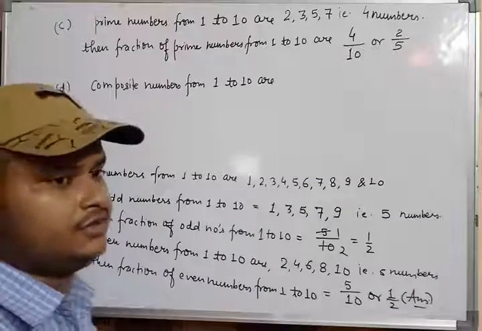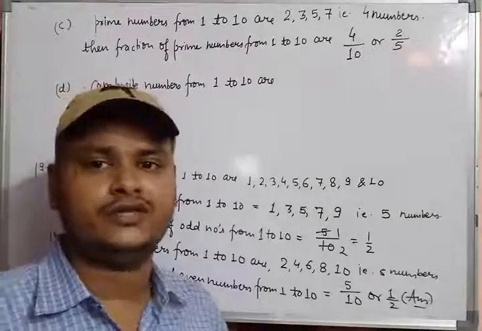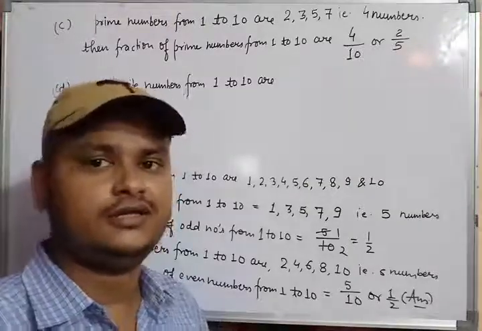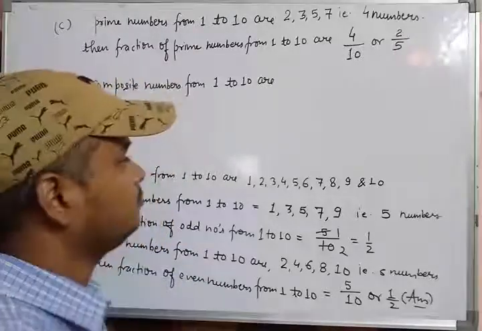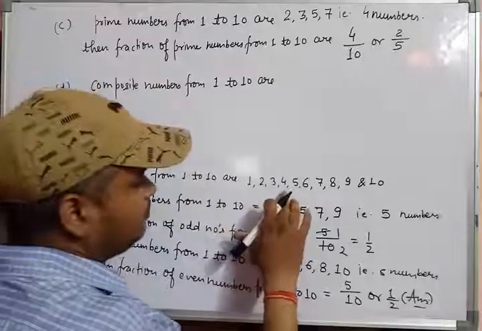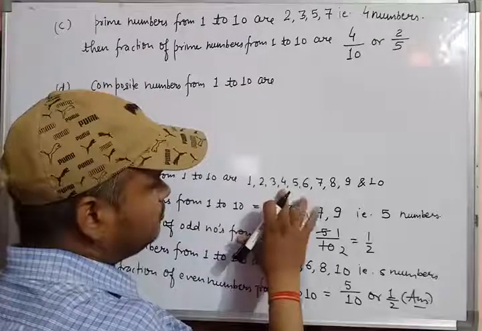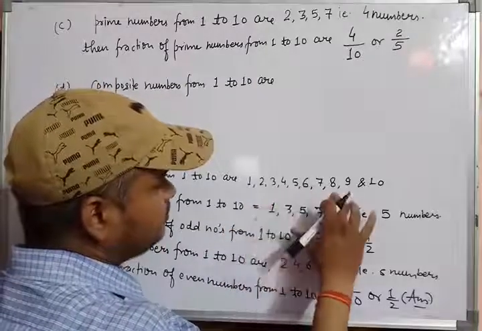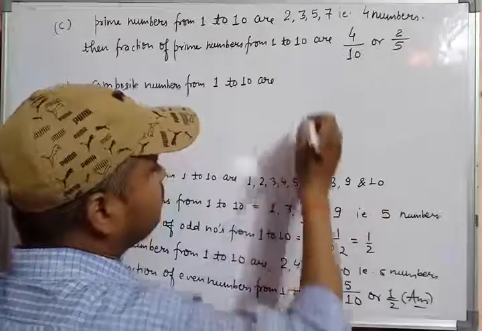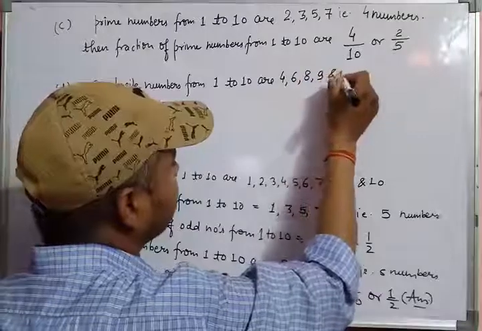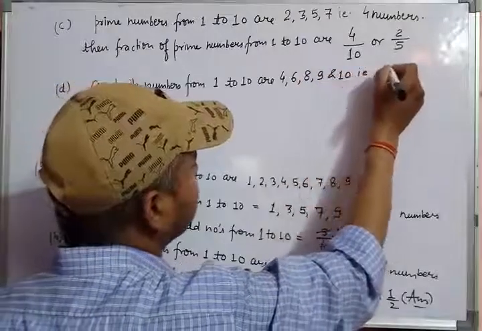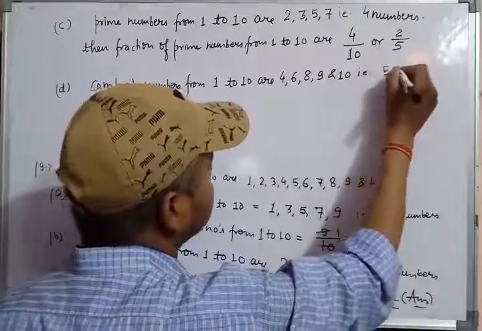A number which has more than two factors is called a composite number, and composite numbers start from 4. So here the composite numbers are 4, 6, 8, 9 and 10, that is 1, 2, 3, 4, 5 numbers.